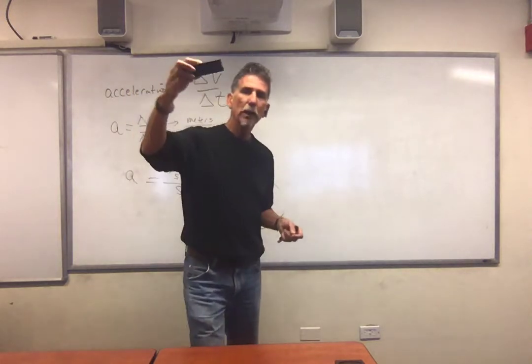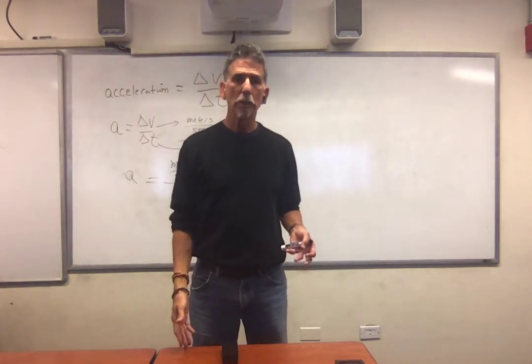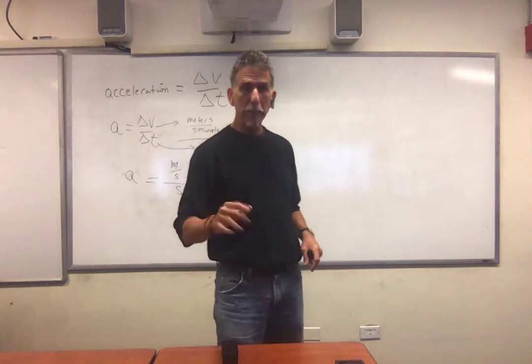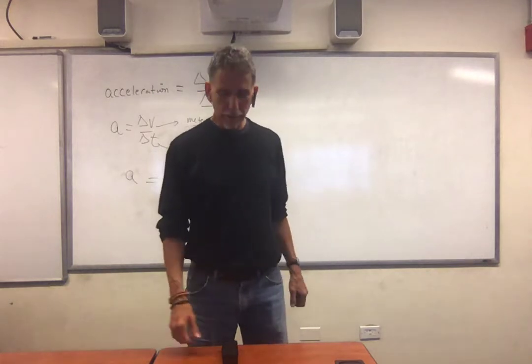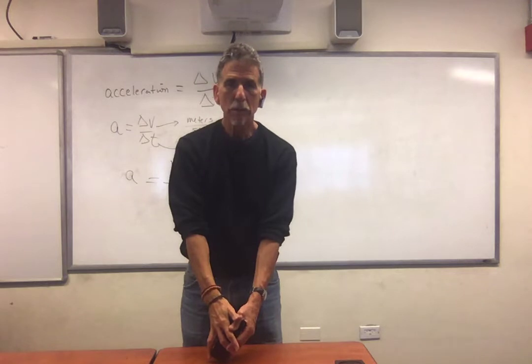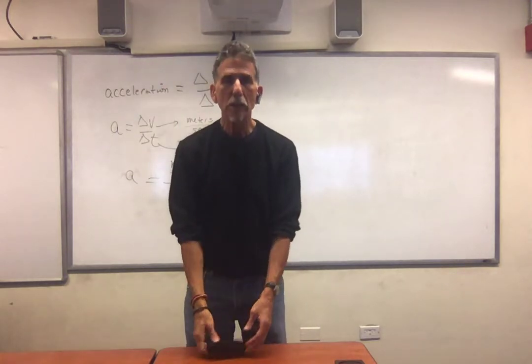Too smart, right? If I let go, it falls to Earth. Later on, maybe I'll tell you that the Earth also comes up to meet it, but that's something left for another day. Caught it. Its speed is 0. Its speed changes, it accelerates.